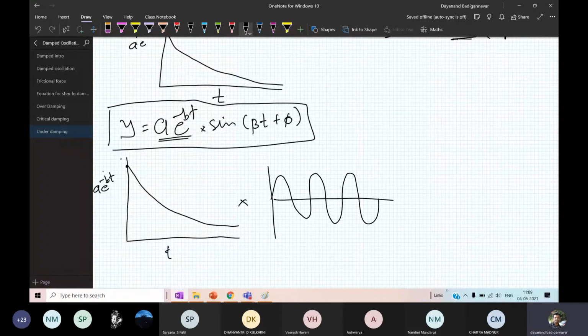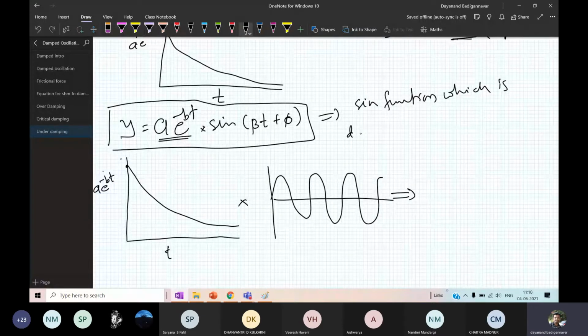This is the sine. What is the resultant then? The resultant is a sine function which is decaying exponentially. Decaying means decreasing exponentially.